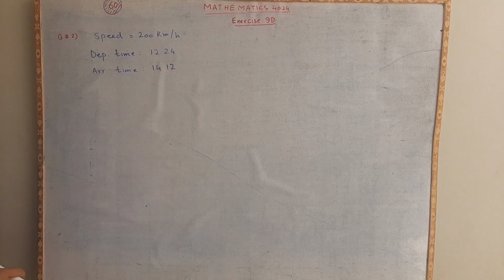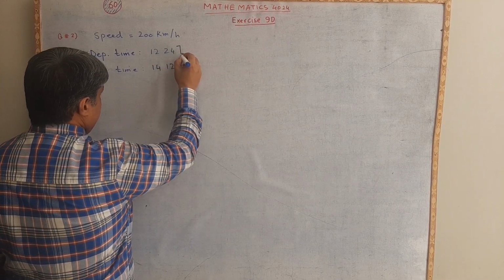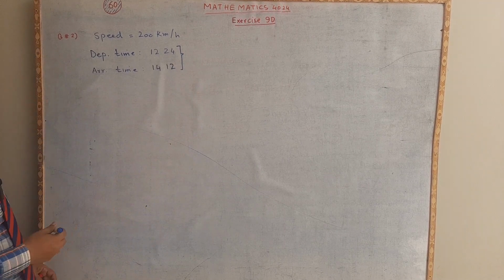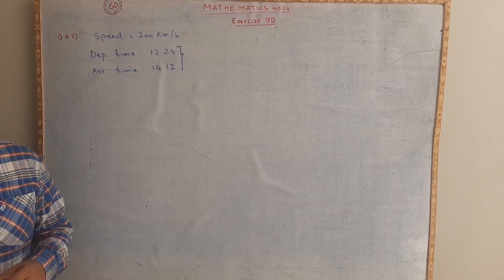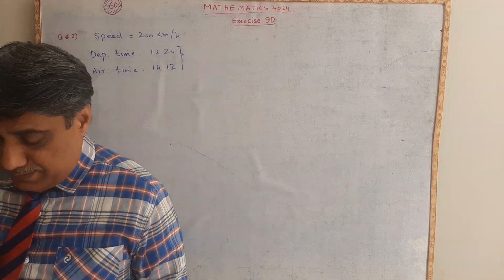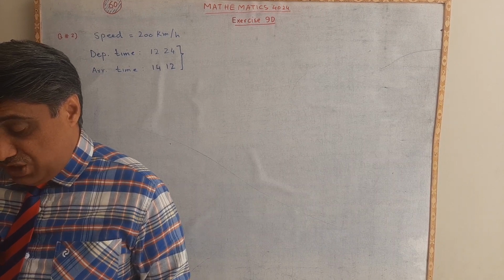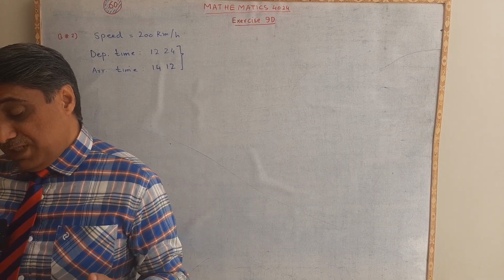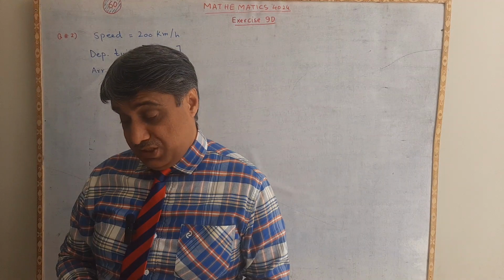From these two we have to find the time which is needed. And the question is saying find the distance between the two stations. One important piece of information: give your answer in meters.